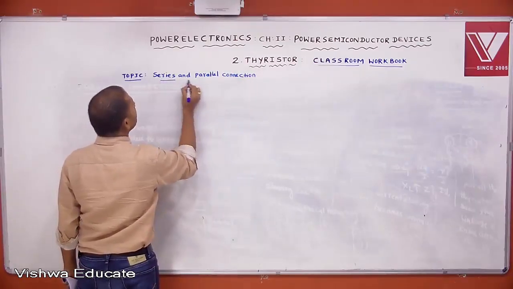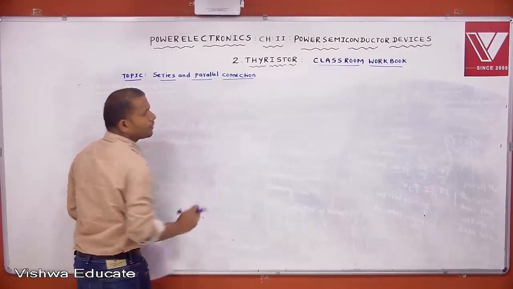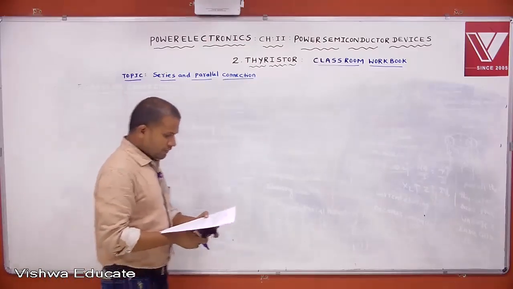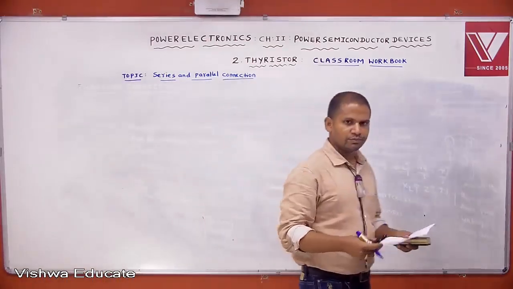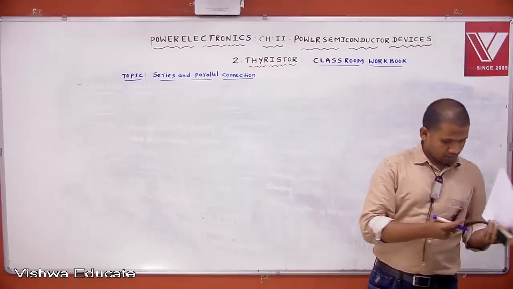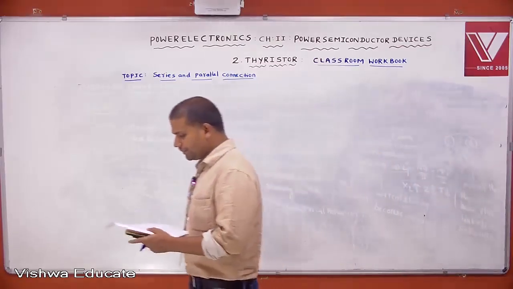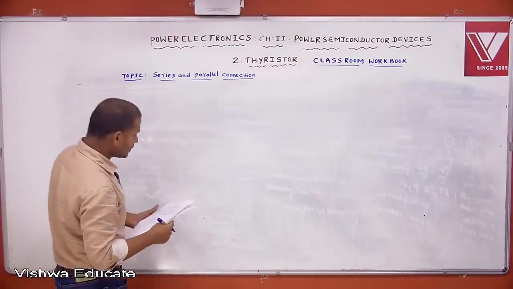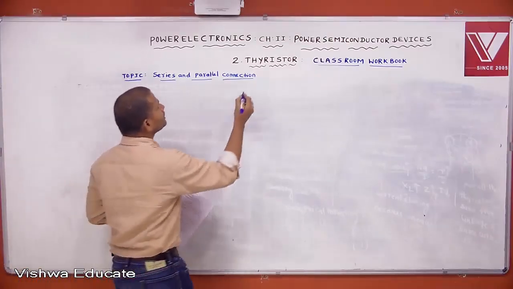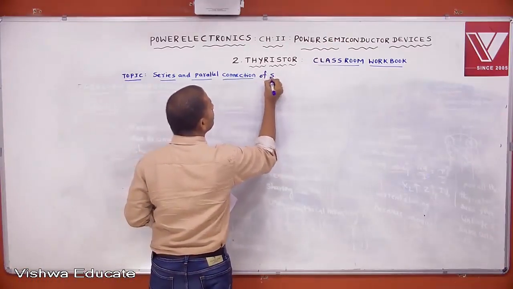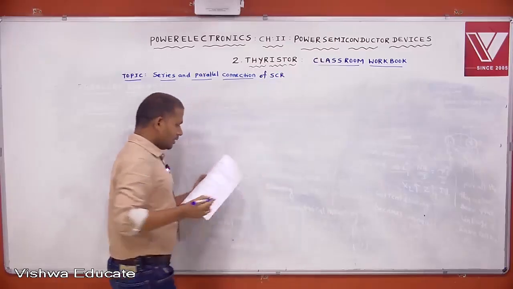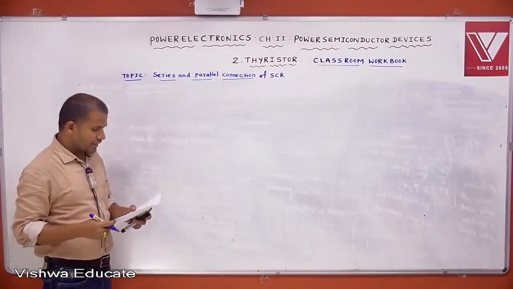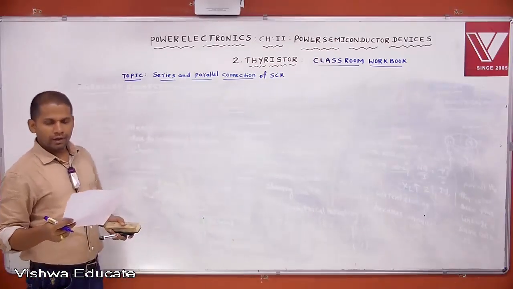Okay. Based on this topic, see question number 1, all of you. See the classroom workbook, and the topic is series and parallel connection, parallel connection of SCR. See the first question. Concentrate. Okay.